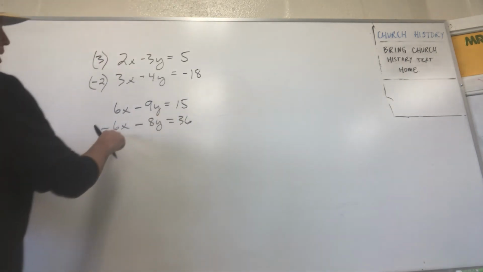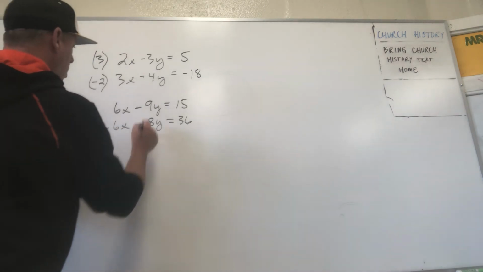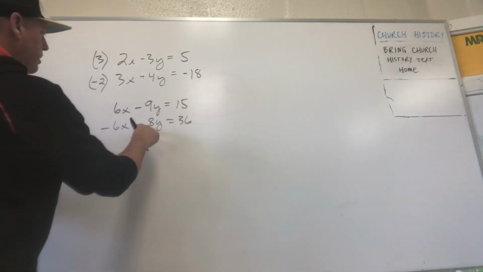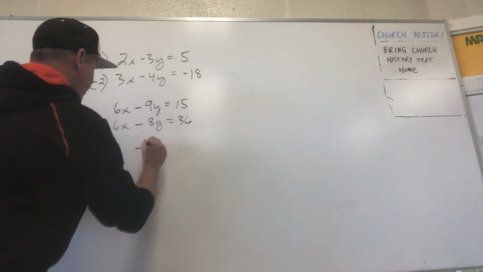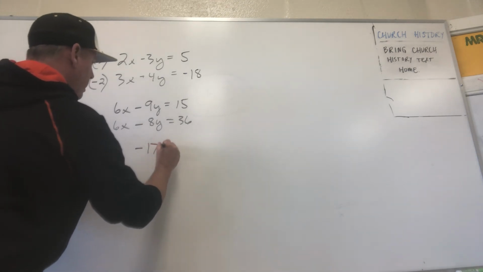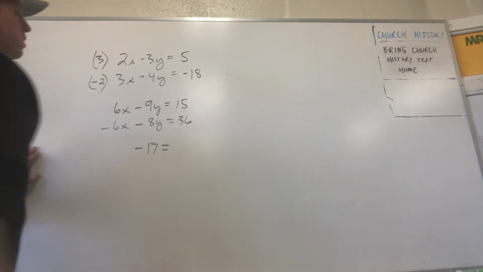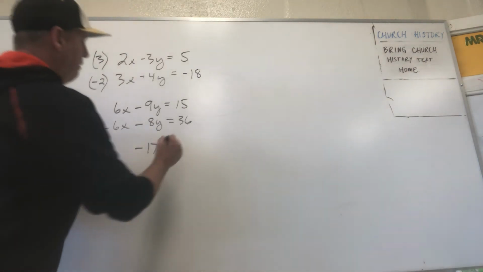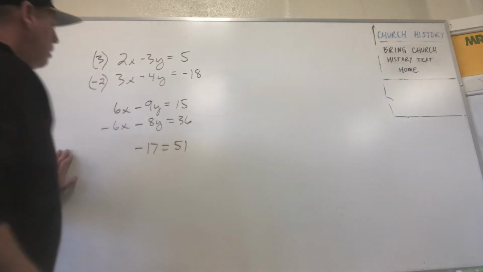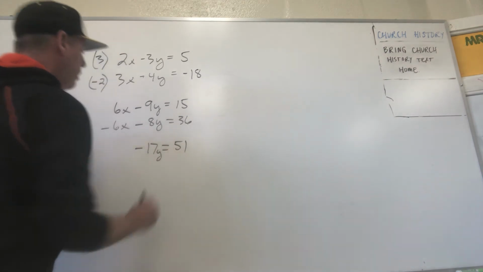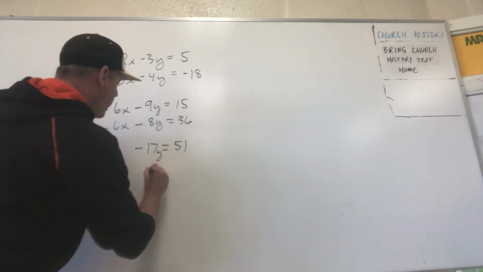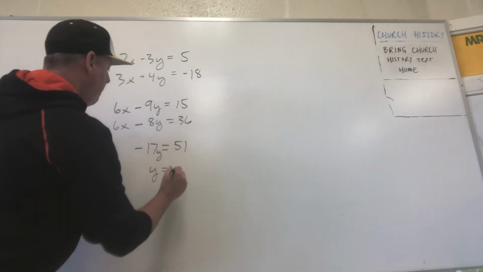Now, I've eliminated the 6's, so negative 9 plus negative 8 equals negative 17. 15 plus 36 equals what? 51. Oh, I'm sorry, I forgot my y right there. Negative 17y.